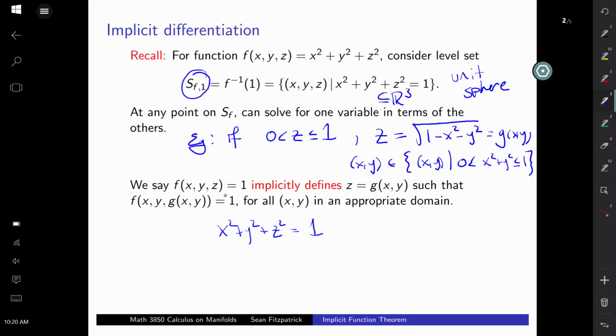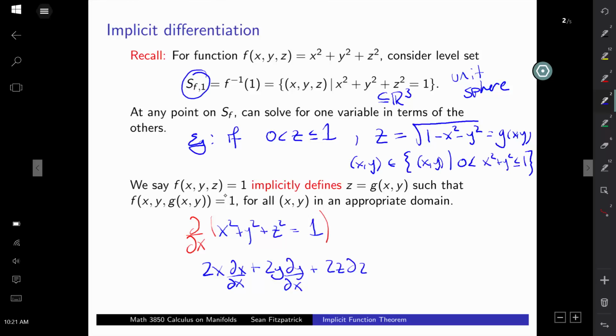So if I took the x derivative of this thing, then I would get 2x dx/dx plus 2y dy/dx plus 2z dz/dx.